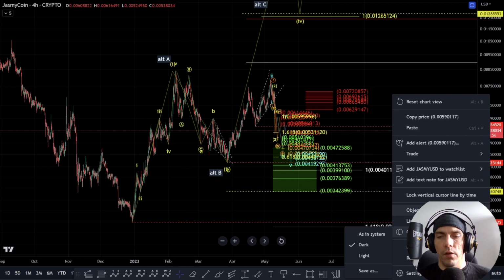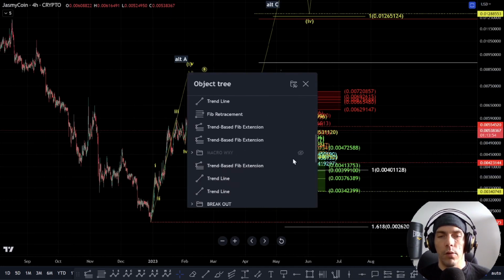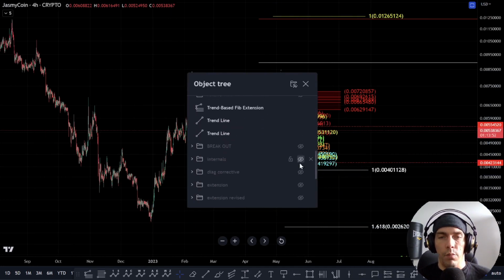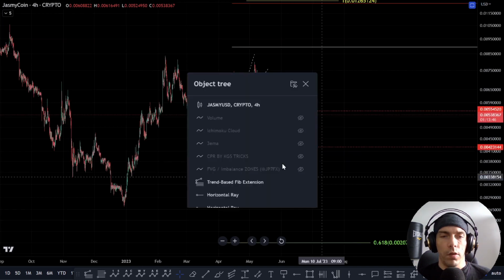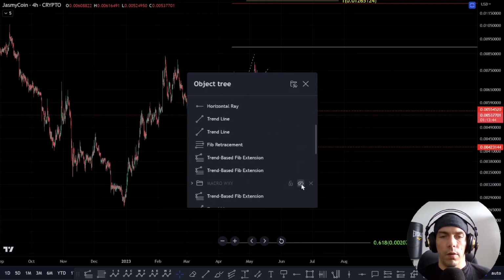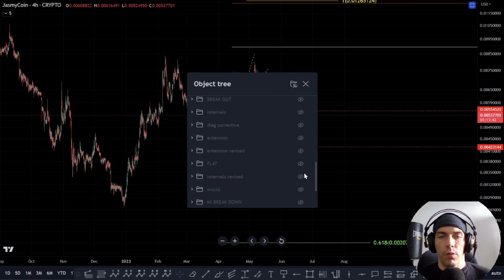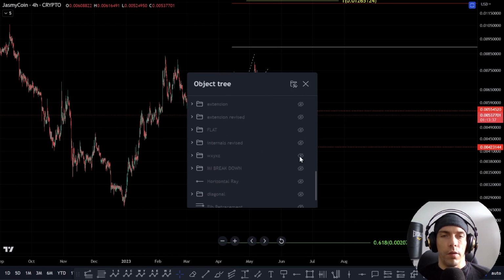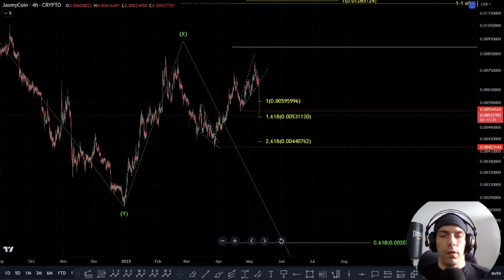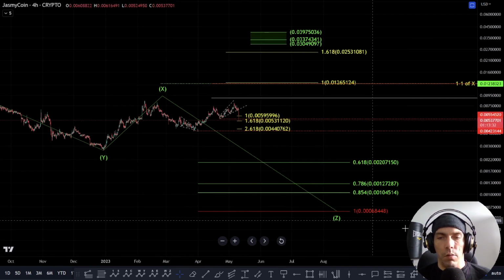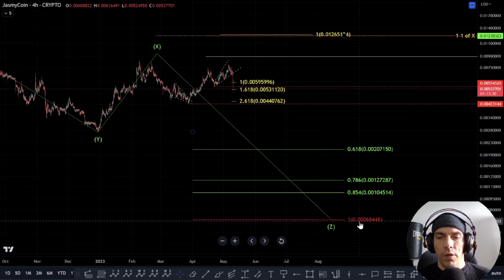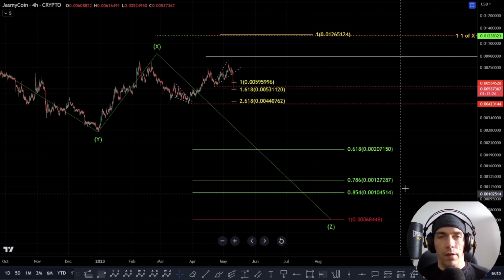Now, the bearish scenario here, which we'd have to pay attention to, is that we could actually look at a breakdown from this point. Now, what this could mean is that we could be looking for something where we're actually still looking to break down one more time. Basically, within the structure, we could still be within a Z wave to the downside, where we're looking for this lower range here, potentially towards the zone of the 0.0068448 area.